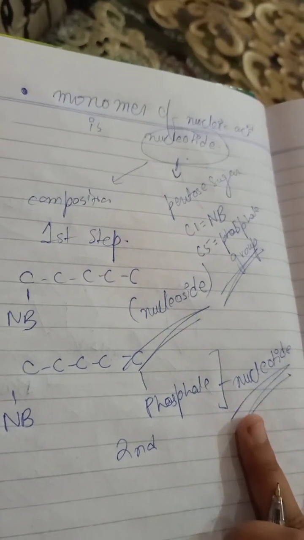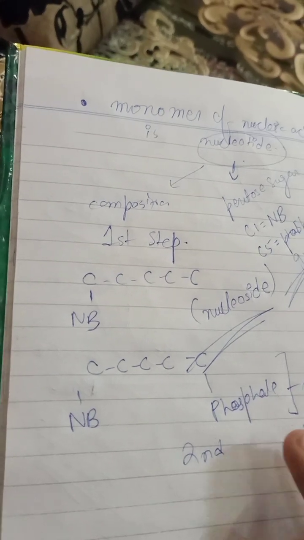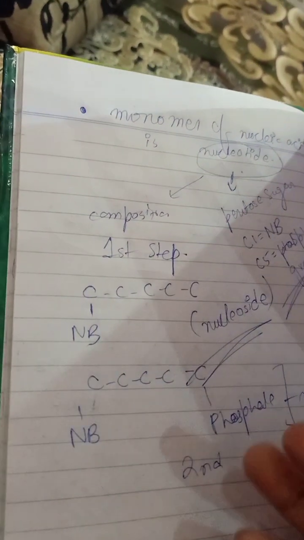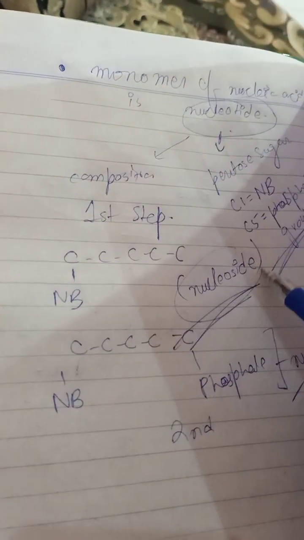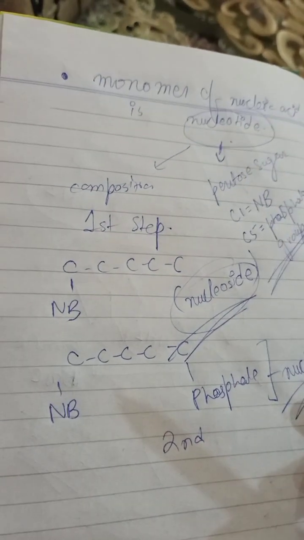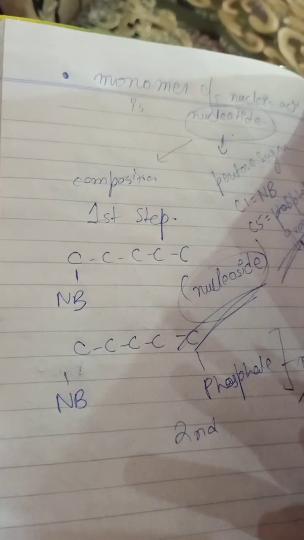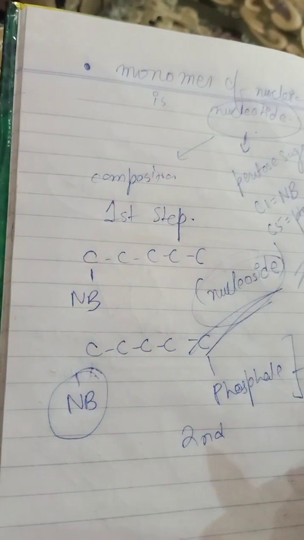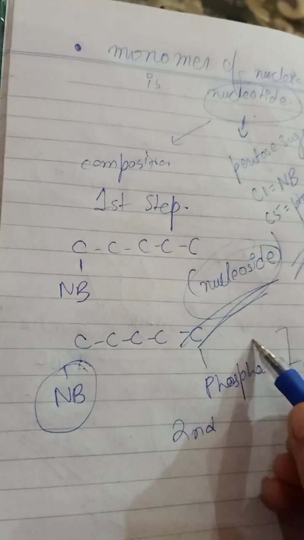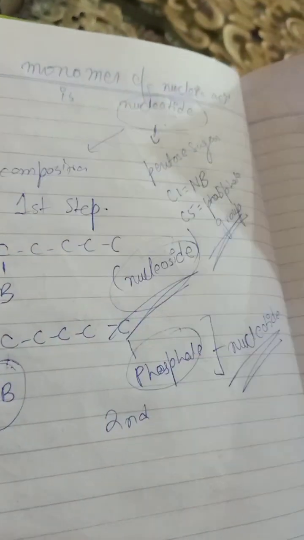Clear? Now the question can be made: during the formation of the nucleotide, what is formed in the first step? You can easily write that the nucleoside is formed. If the question is to which ribose sugar carbon the nitrogenous base is attached in a nucleoside, you can easily say carbon number 1. The phosphate group is at carbon number 5.